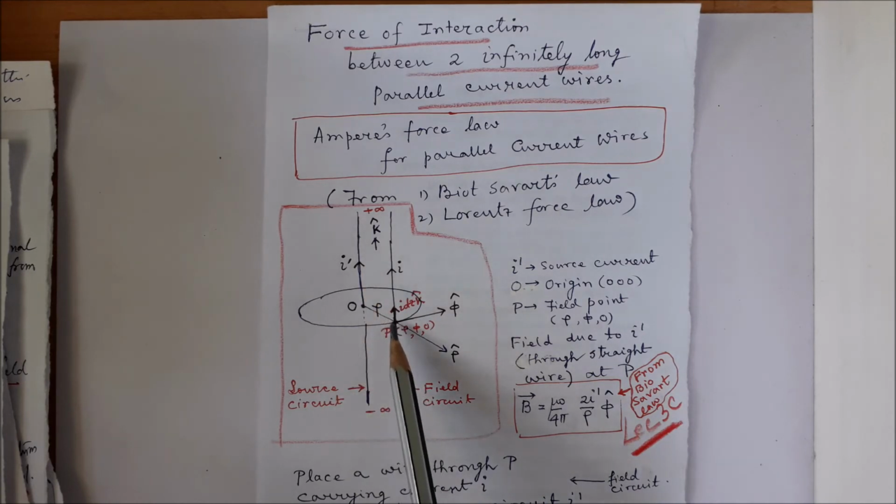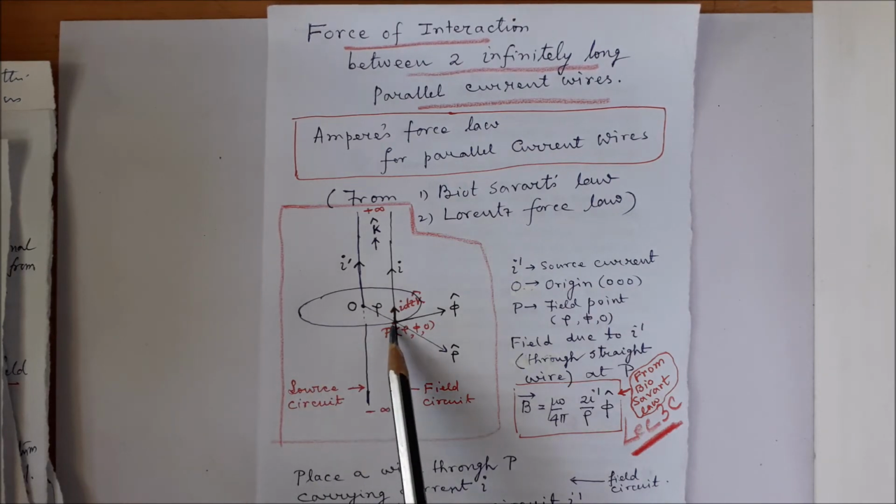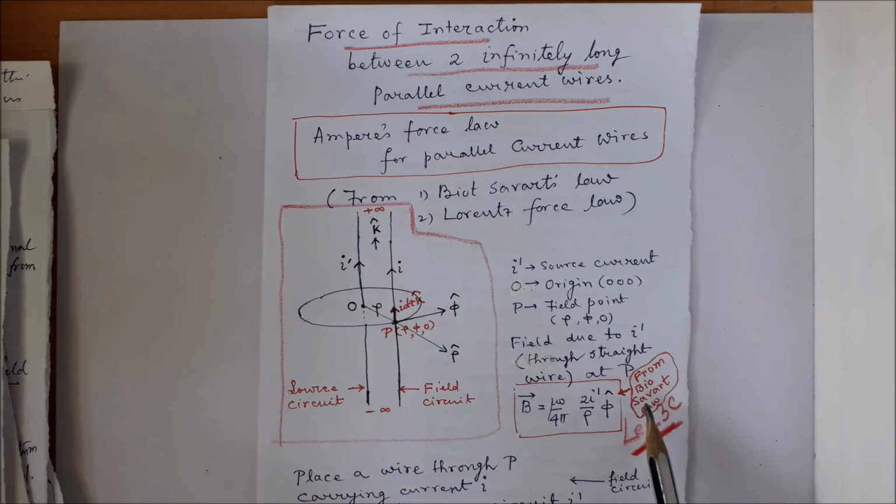P is the field point at a distance rho from the origin. The position coordinate of the field point is (rho, phi, 0). Now the field due to a straight current carrying wire at P can be obtained from Biot-Savart's law, which was done in lecture 3C and is given by this expression.